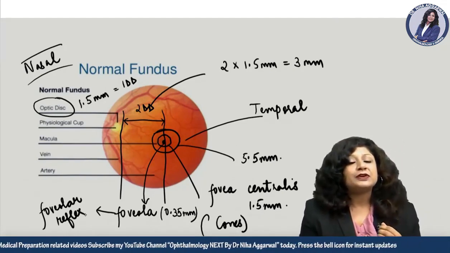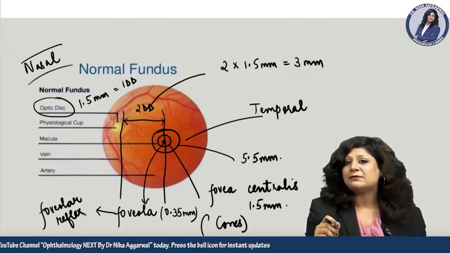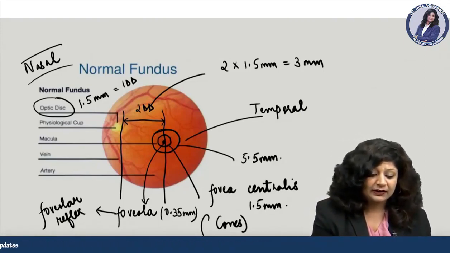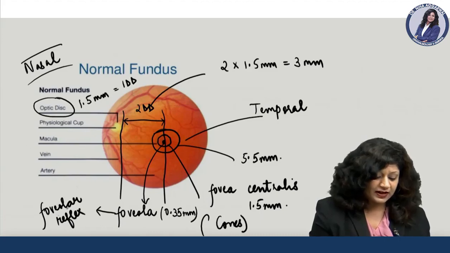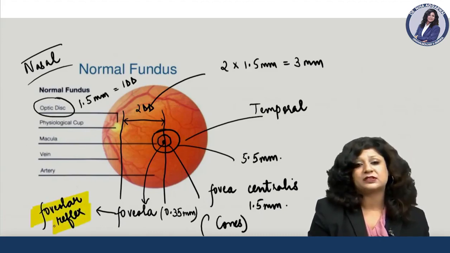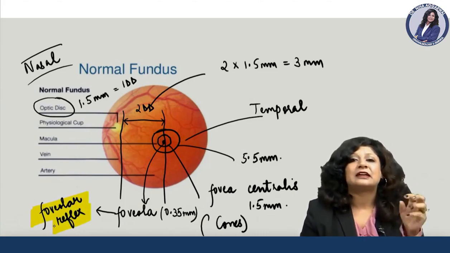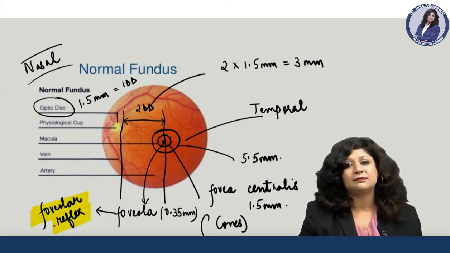Whenever you see a healthy macula, a bright shining reflex is always there coming from the center of the macula. So, whenever you are getting this reflex, that means you are visualizing a healthy macula.